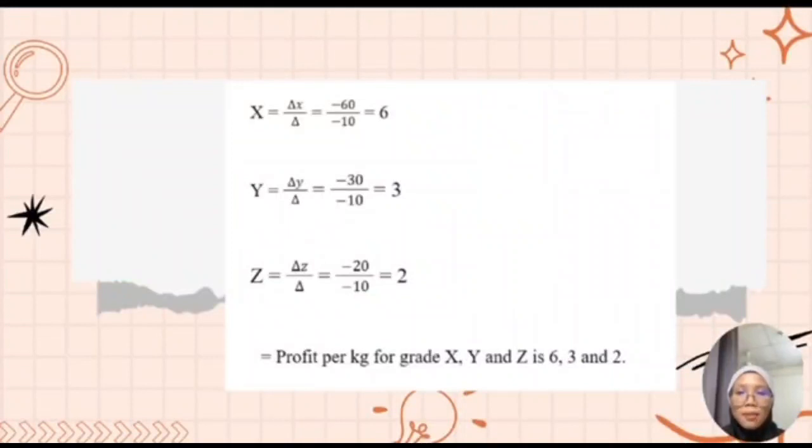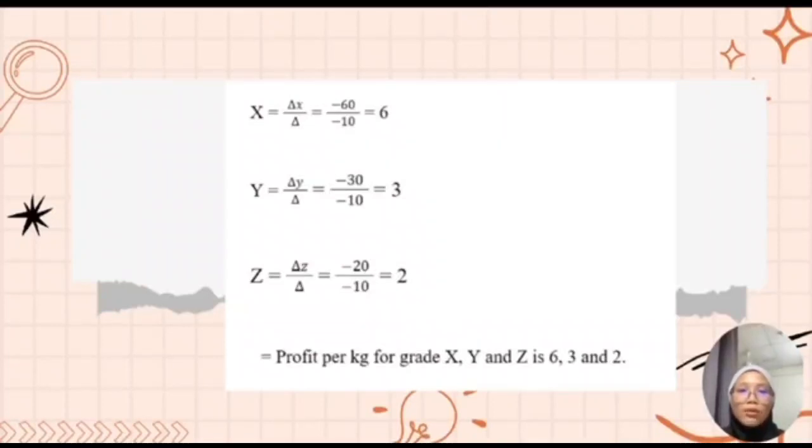The last step is, to find x, y, and z, we must divide. To find x, we divide determinant x by the determinant, and we get 6.